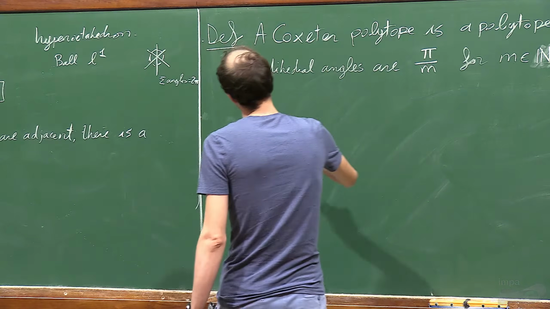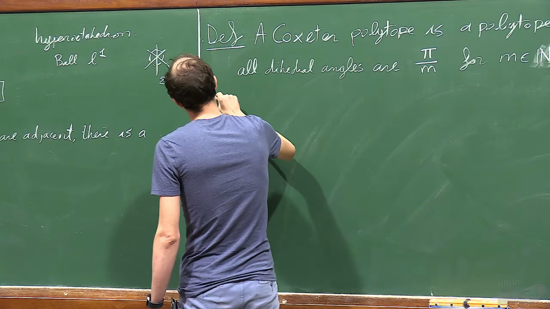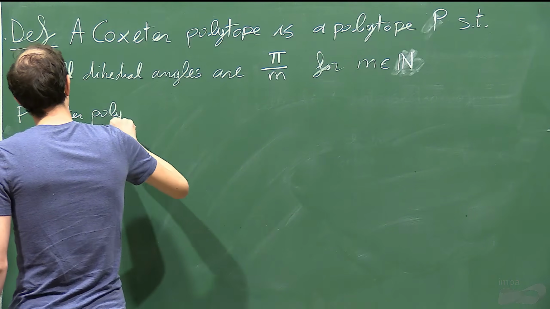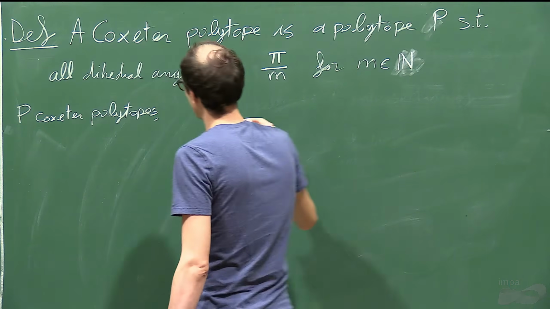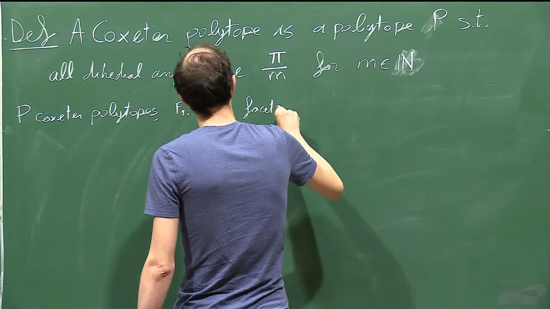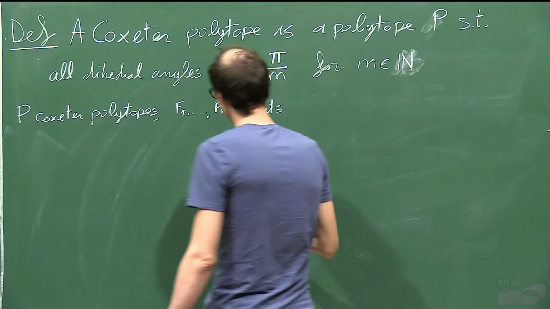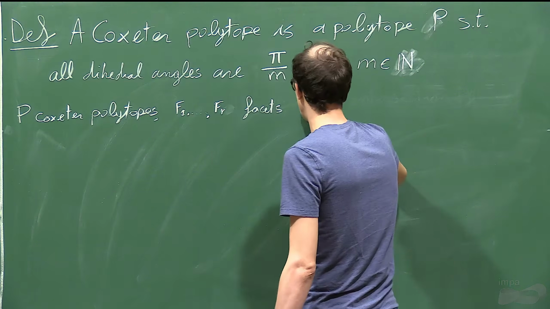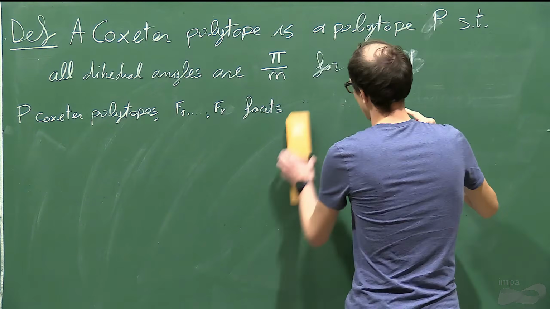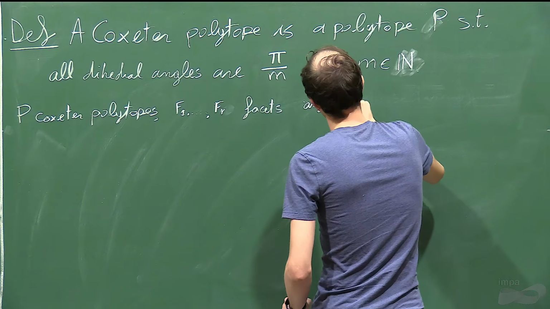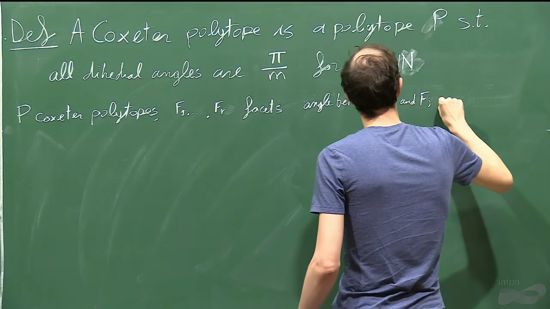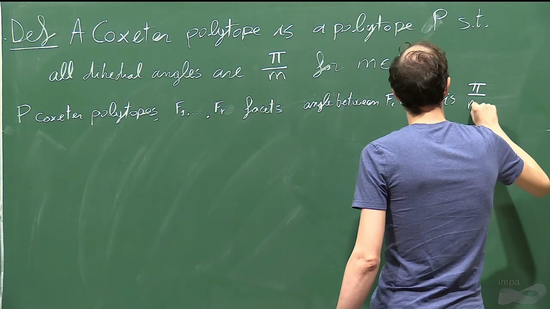So what happens if you take a Coxeter polytope P, and you call F1, ..., Fr its facets, and let's say that m_ij is such that the angle between Fi and Fj is pi over m_ij.